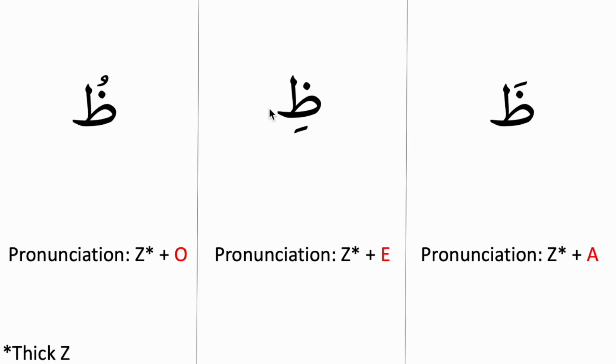Z with kasra, we add e, so it will be zi. Z with dhamma, we add o to the pronunciation of the letter, so it will be zu. Za with fatha, zi with kasra, zu with dhamma.